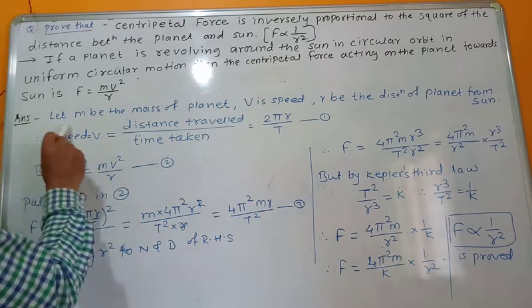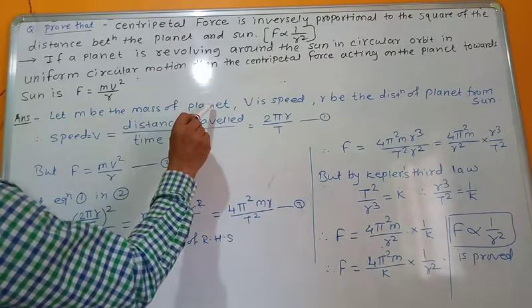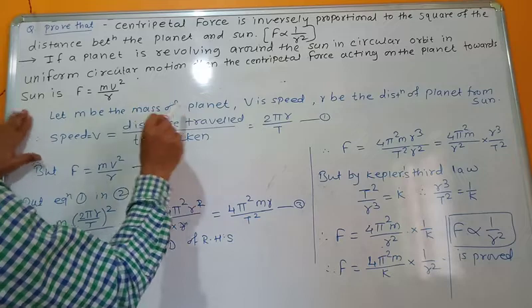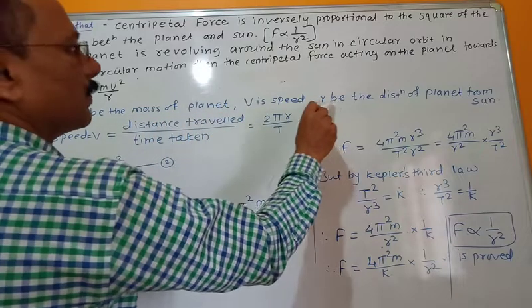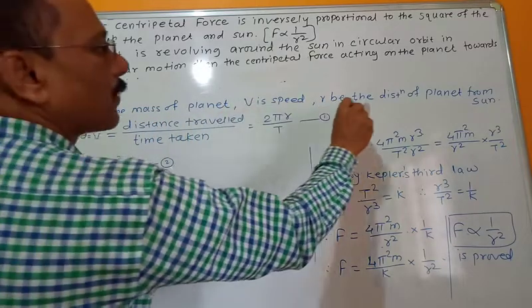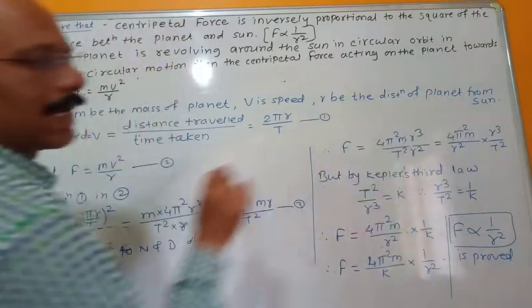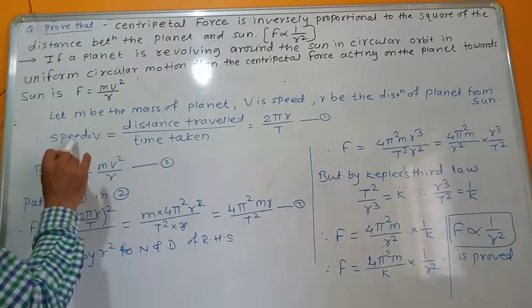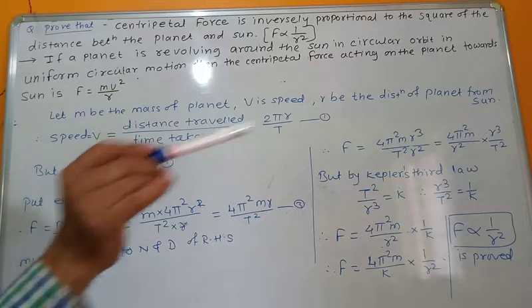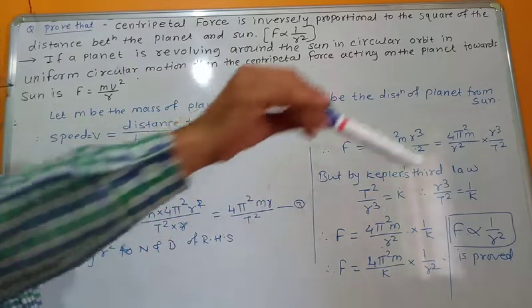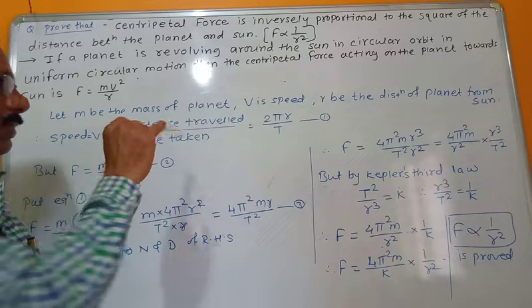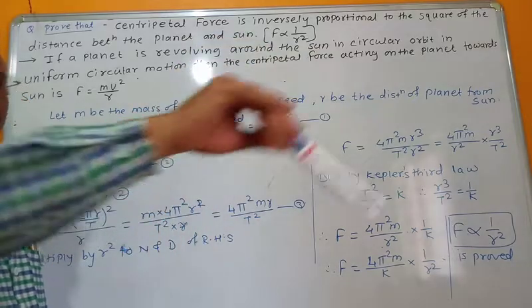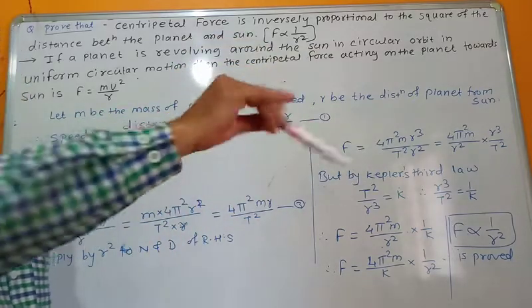Let m be the mass of the planet, v the speed, and r the distance between the planet and the sun. For one revolution, the planet has to travel around the circumference of the circle.